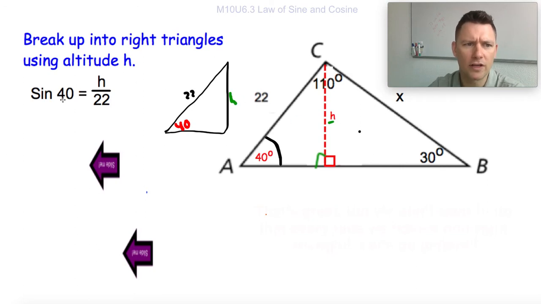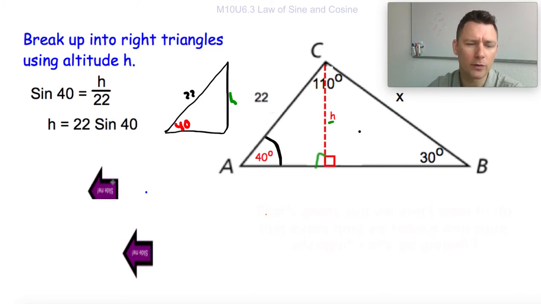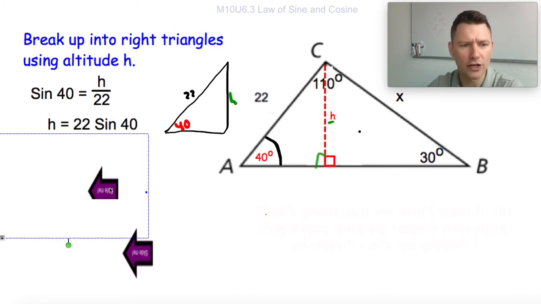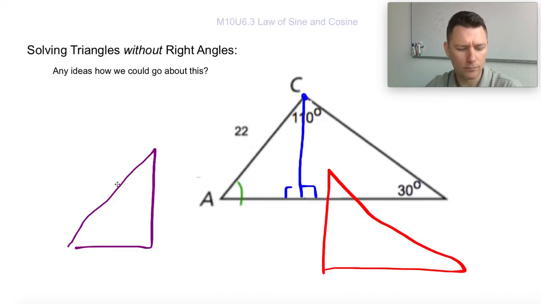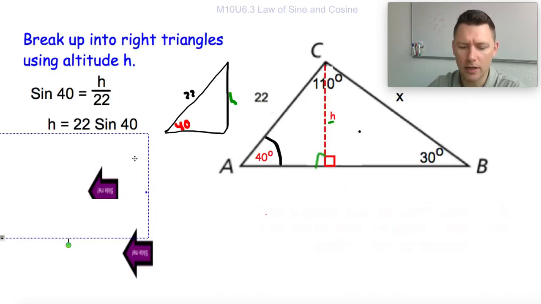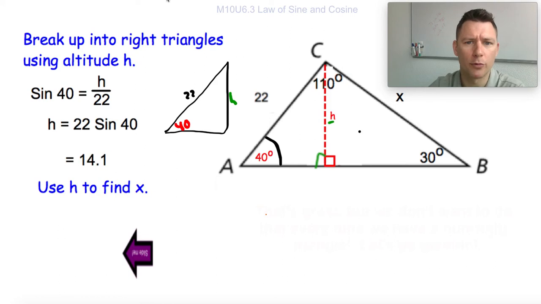You just say sine of 40 is opposite over, and h means height in this case, not hypotenuse, is height over 22, and you could keep solving from there: multiply by 22 and then solve for h, and h should end up being 14.1. So, okay, great. Height is 14.1.